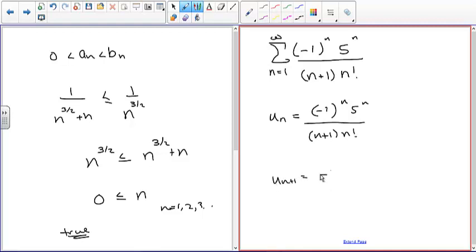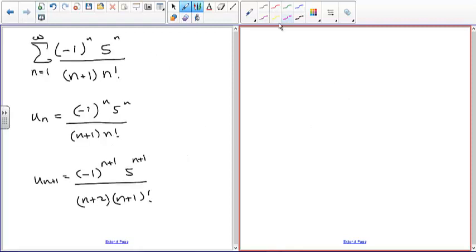So you take every term here that has n and change that to n plus 1. So n plus 1 becomes n plus 2, and n factorial becomes n plus 1 factorial. And then you use the ratio test.